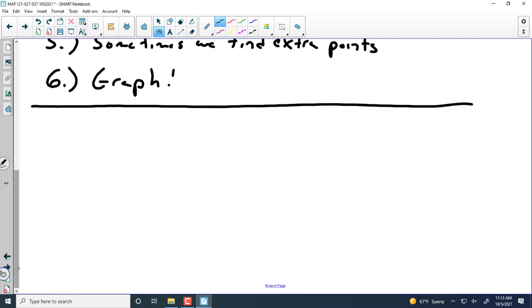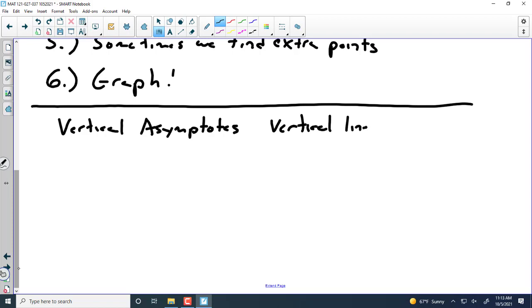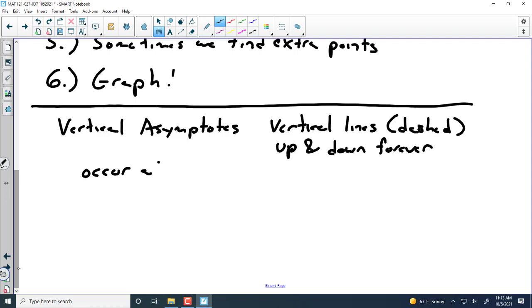So, we already did domain, vertical asymptotes. Vertical lines, dashed, up and down, forever, occur at x values removed from domain.